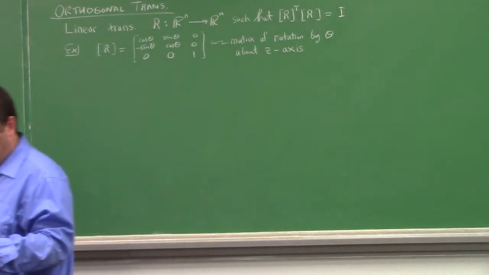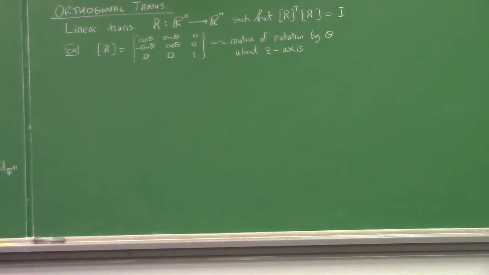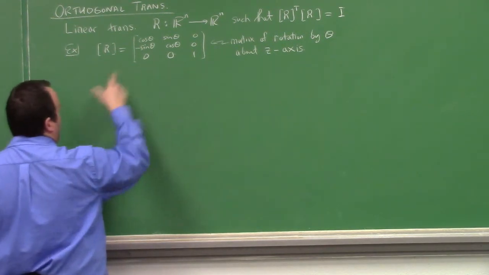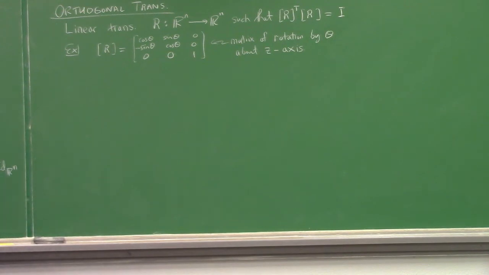This is a specific instance of an orthogonal transformation. You can check that if you multiply the transpose of this matrix by that matrix, again, you get back the identity matrix. Okay?